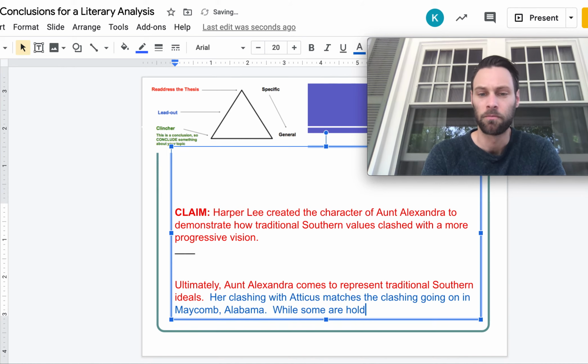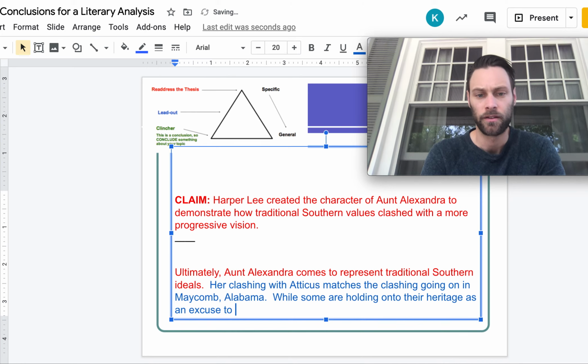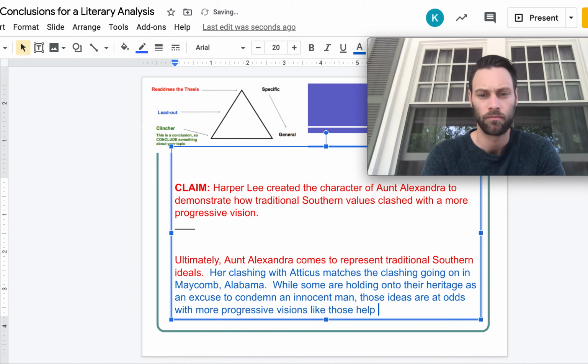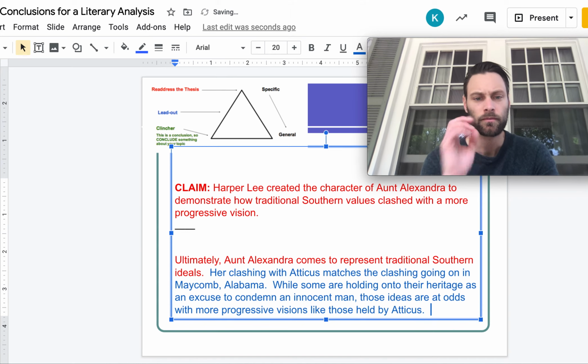While some are holding on to their heritage, So nothing huge here, but I reestablished my claim.